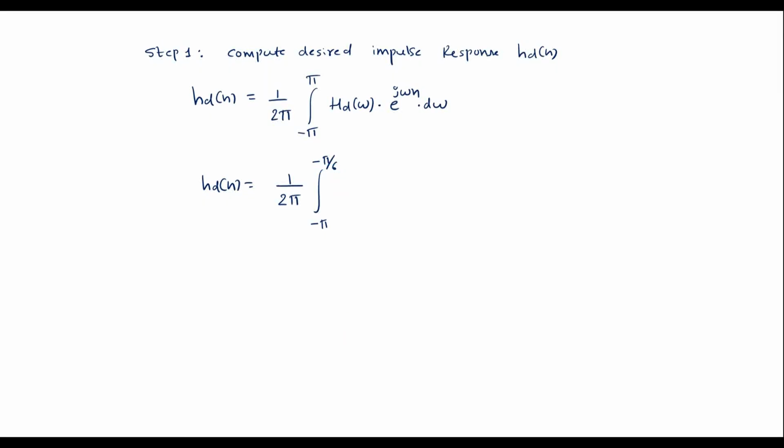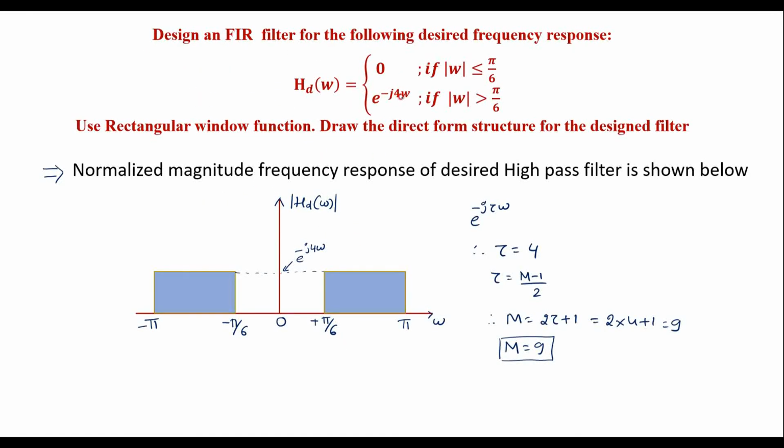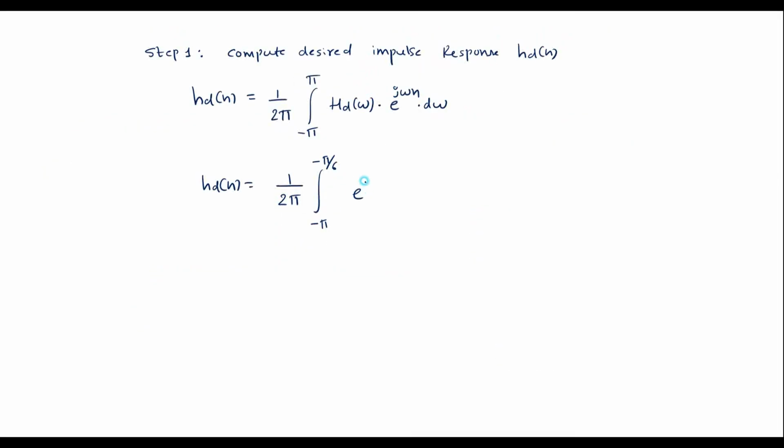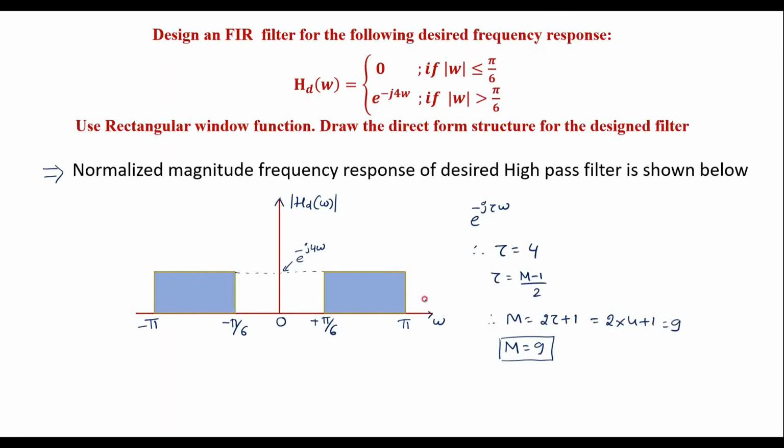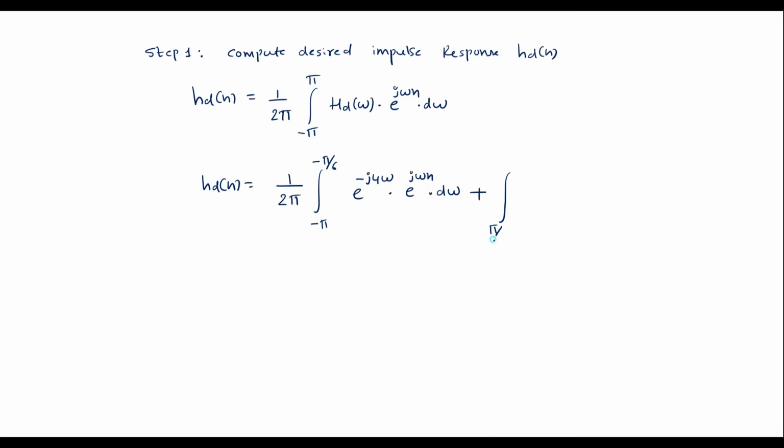HD of omega value is given, that is e power minus j4 omega, into e power j omega n into d omega, plus similarly another limit is pi by 6 to pi, e power minus j4 omega into e power j omega n into d omega.